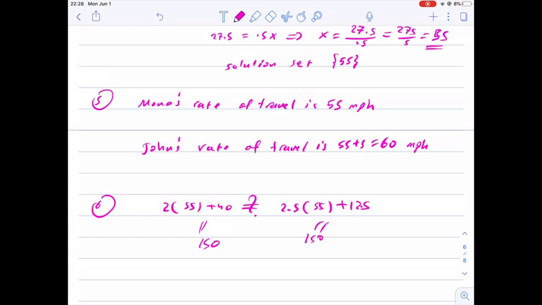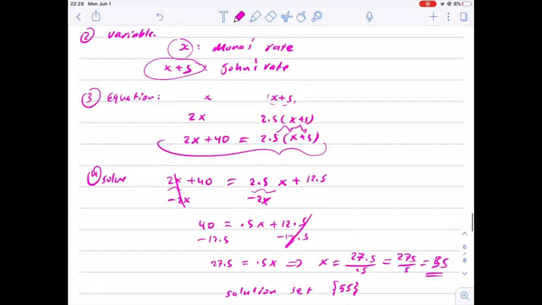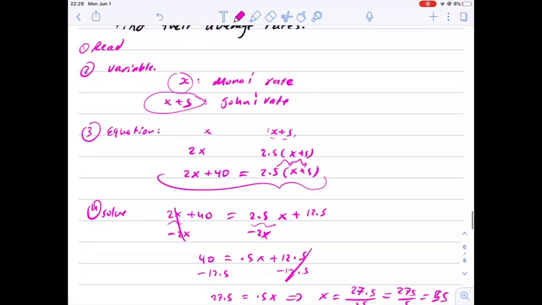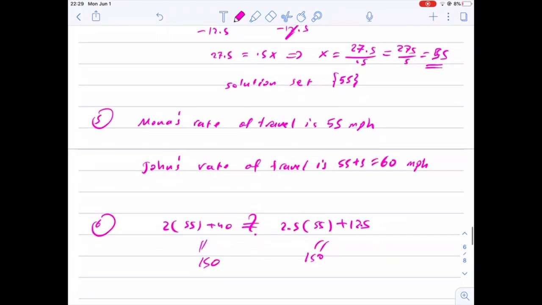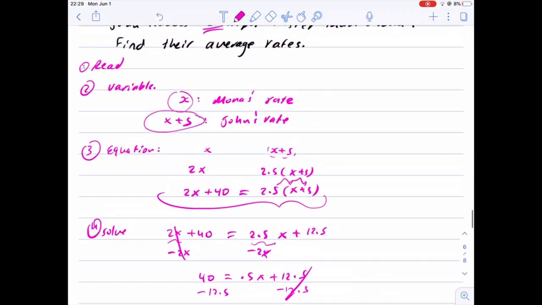So our answer should be correct. Let me double check something here. 2.5 times x plus 5. So this should give you 150.